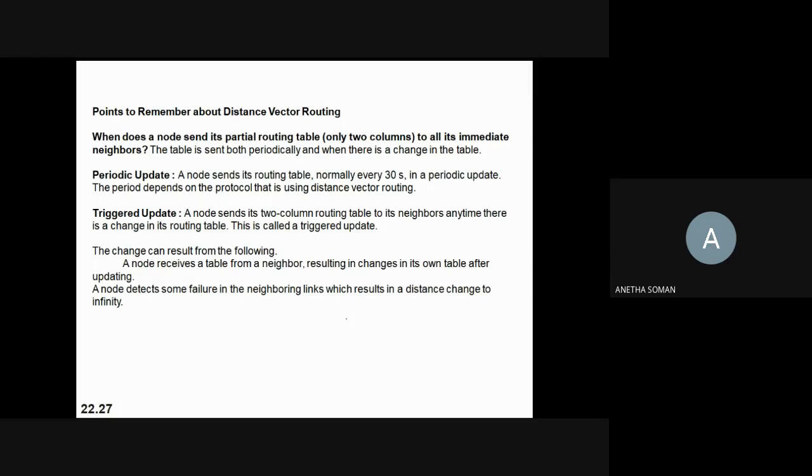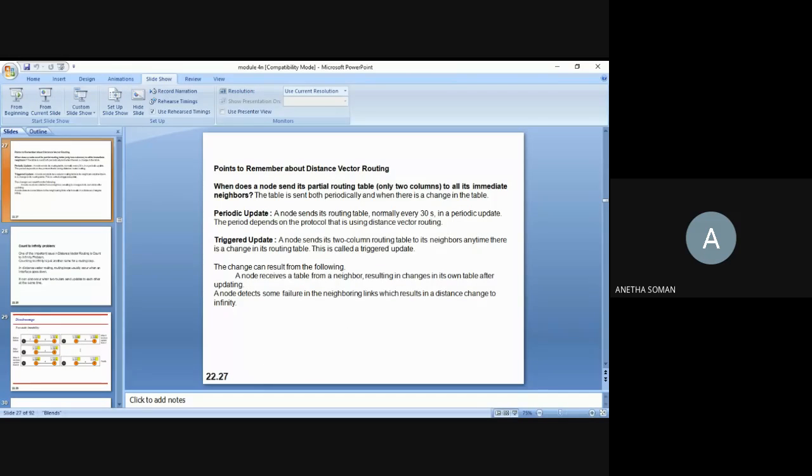Now when you are considering this distance vector routing algorithm, you have to remember some points. When does a node send its partial routing table to all its immediate neighbors? I have told you, each of the routers has to share their information with the neighbors, right? Or they have to share their routing table.